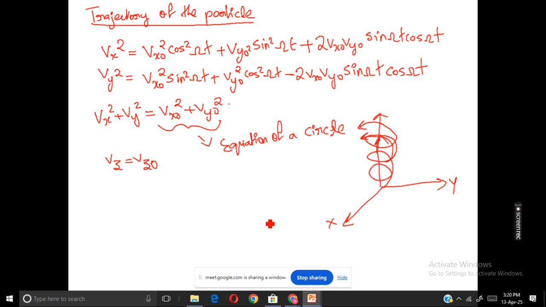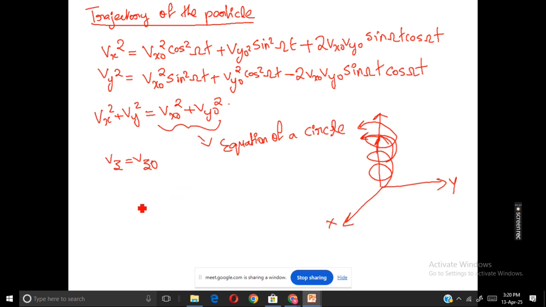It is creating a circle in the xy plane, and also it is having a constant velocity along the z direction, Vz zero. Because of the non-zero component of the velocity along the z direction, the particle is pushed along the positive z axis. So that's why we are getting a helical motion like this.